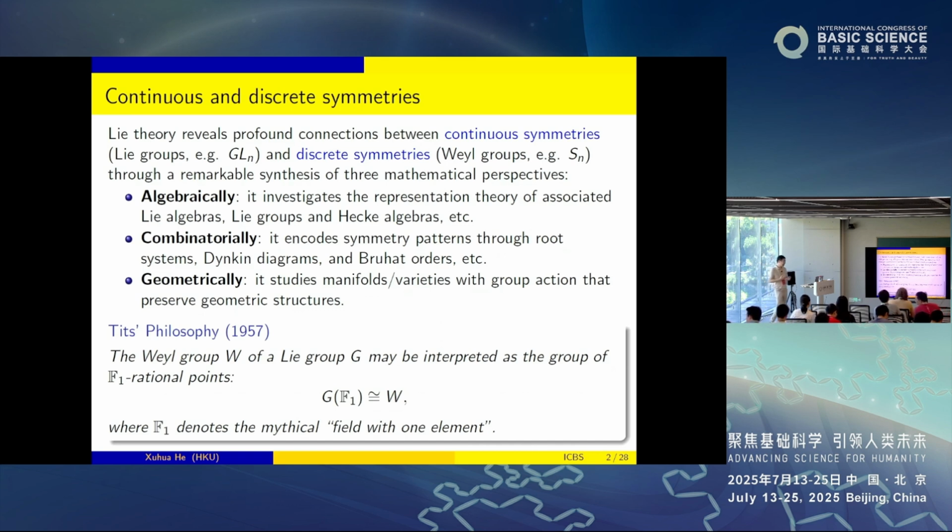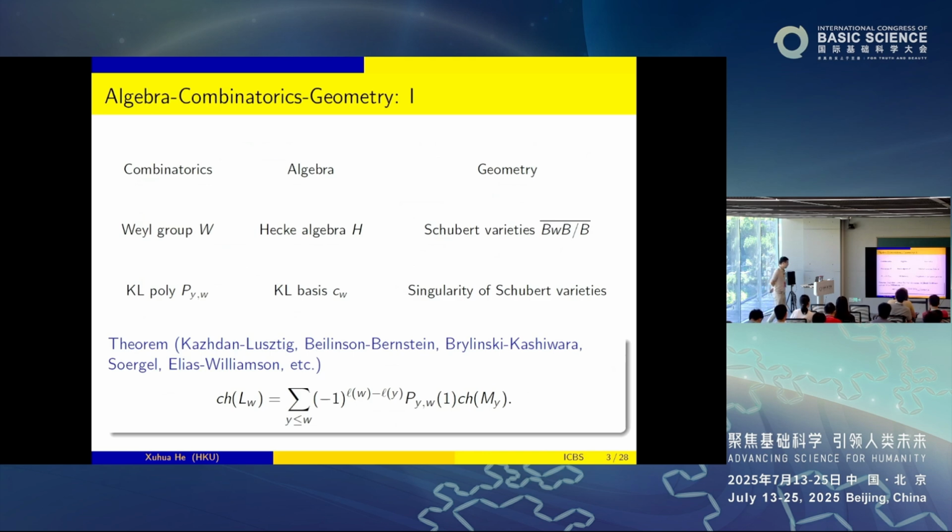this tells us that, for example, S_n is not just a finite group; there are many deep structures behind it. A very famous example combines algebra, combinatorics, and geometry all together. I have three columns: combinatorics, algebra, and geometry.